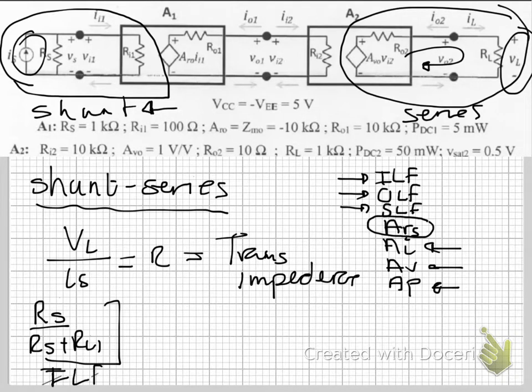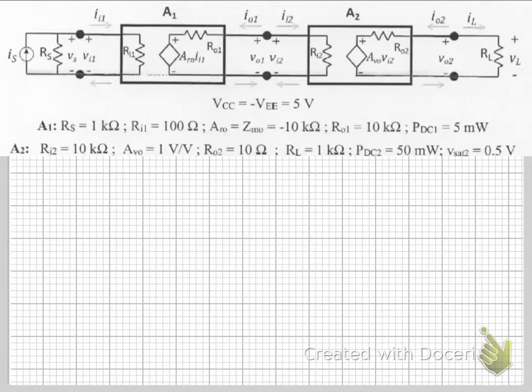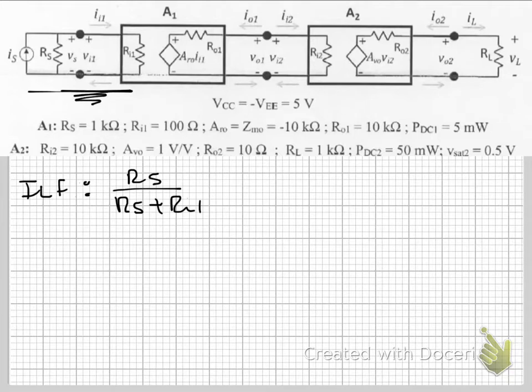Okay, let me actually do this on the new page. So your input loading factor would be RS over RS plus RI1, because on your input side you've got current.